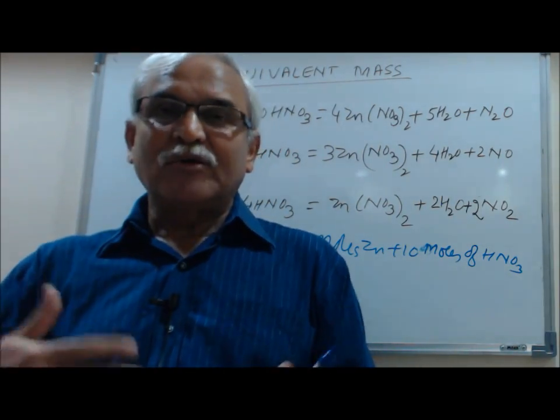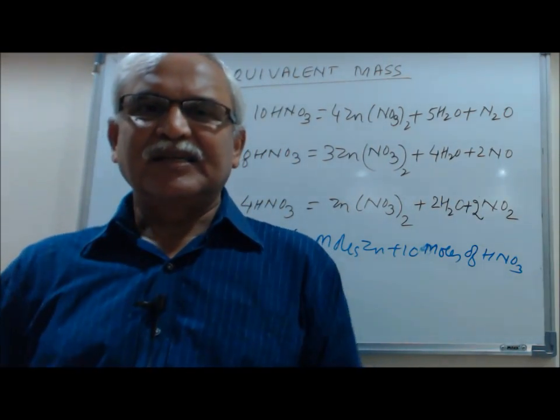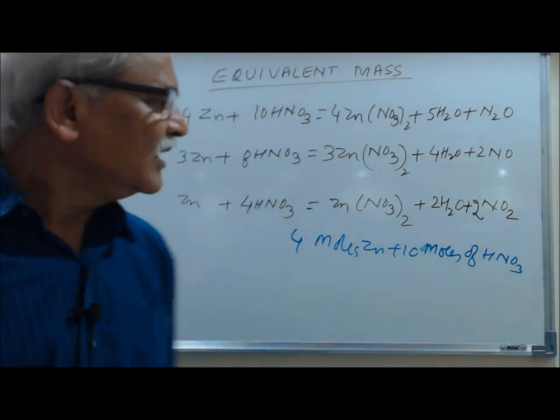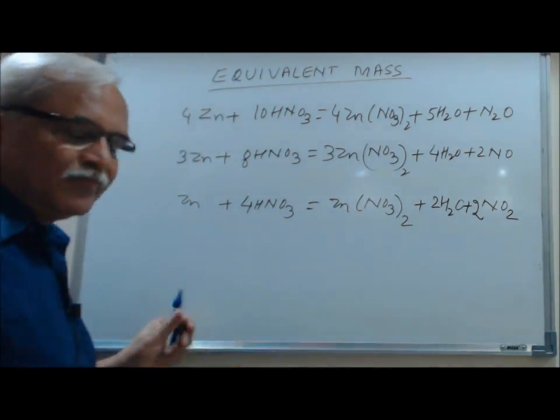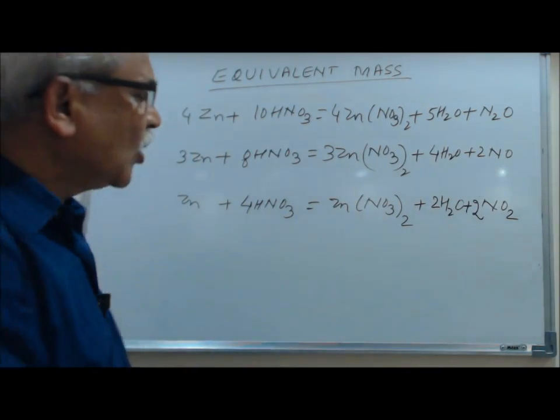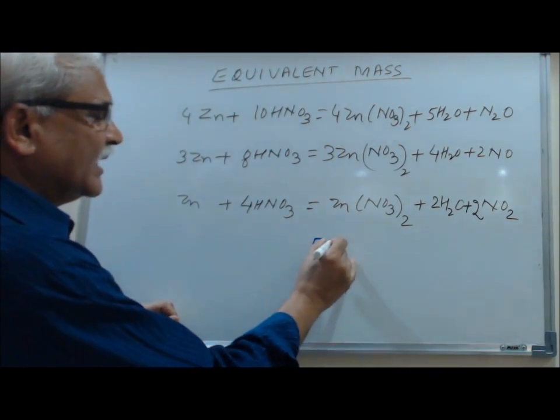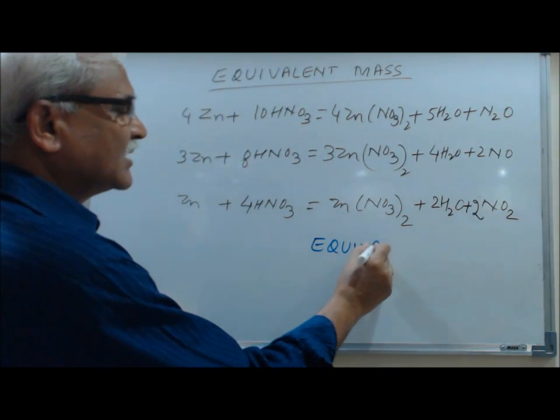So the mathematicians working in chemical calculations, or the chemists, made a different model, and then they talked about some quantity which they called equivalent mass.